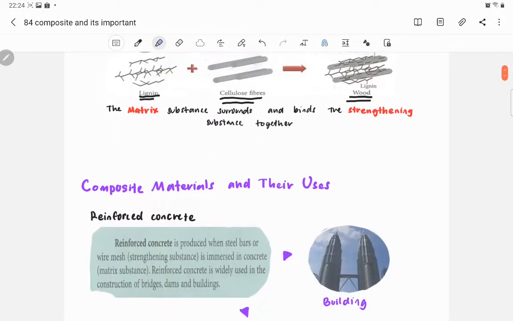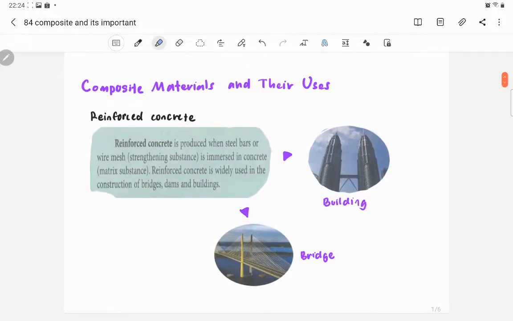So the matrix substance surrounds and binds the strengthening substance together. Let's proceed with composite materials and their uses. The first composite material is reinforced concrete. How is it produced? Reinforced concrete is produced when steel bar or wire mesh, which is the strengthening substance, is immersed in the concrete, which is the matrix substance.